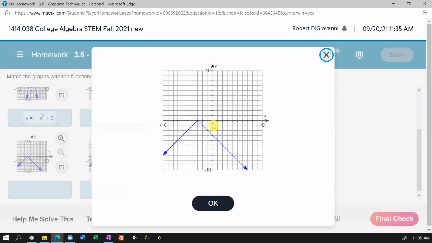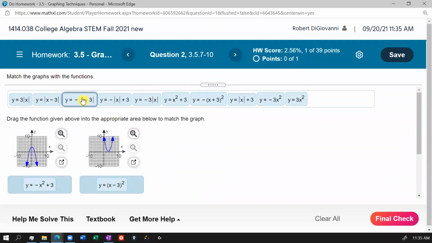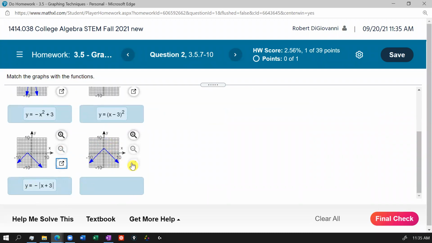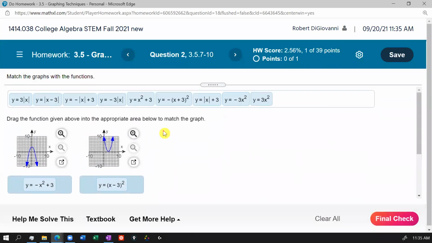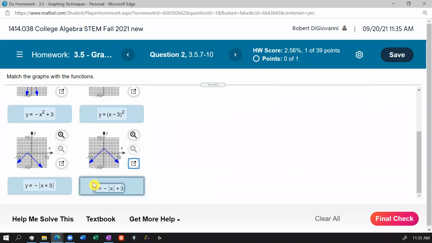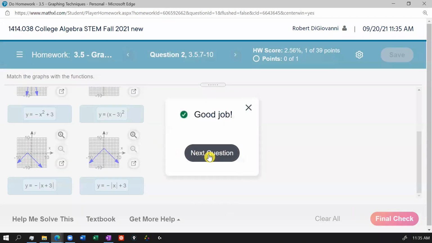Absolute value function, 1, 2, 3 to the left. So we should be adding 3 and then negative. Oh, there it is. I didn't see it. There, and then this one just moved up 3. Absolute value flipped over. So I'm going to flip it first and then move it up 3. That's it right there. See if it gets that one. Okay.